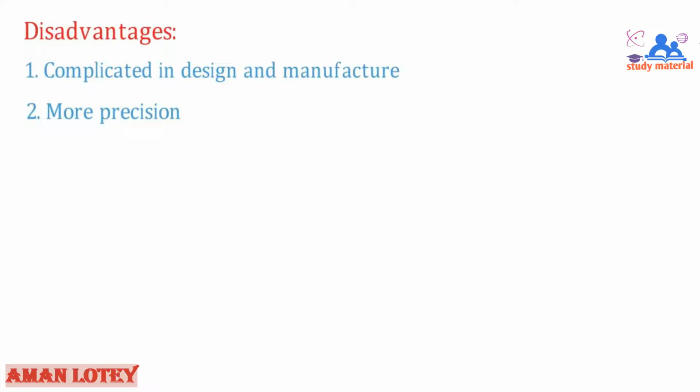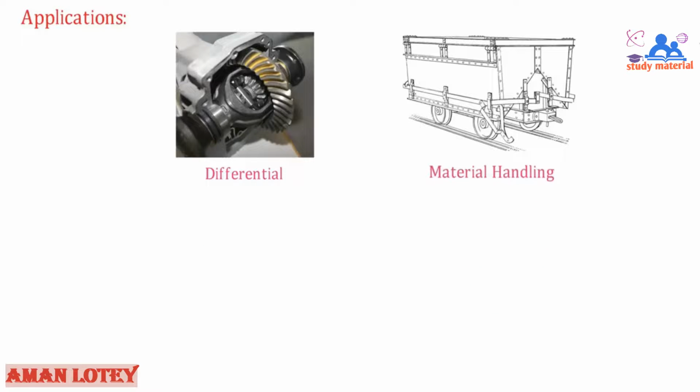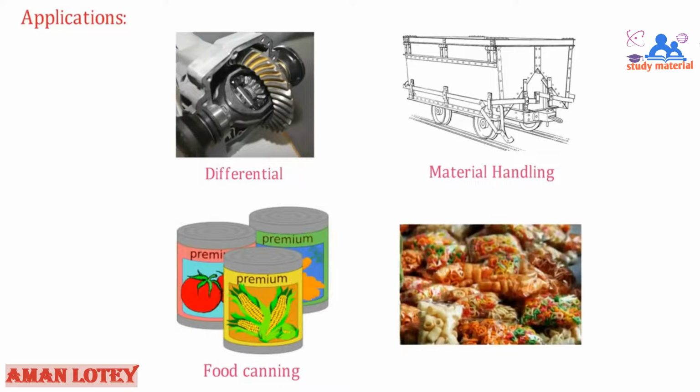It requires more precision. Applications of bevel gear. The popular application is automobile differential. It is used in material handling equipments. It is used in food canning equipments. Bevel gears are used in food packaging equipment.